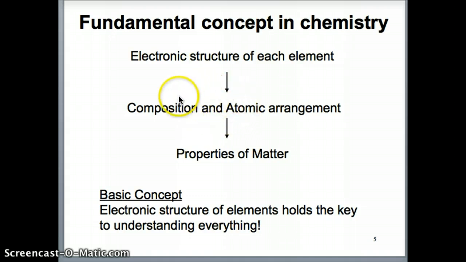Now, the other thing that you want to understand is the reason why these atoms are arranged a certain way, and why these atoms tend to make a molecule together, or an ionic compound together. It is because there are certain things about the electrons in these atoms that allow them to make those chemical bonds, or those arrangements.